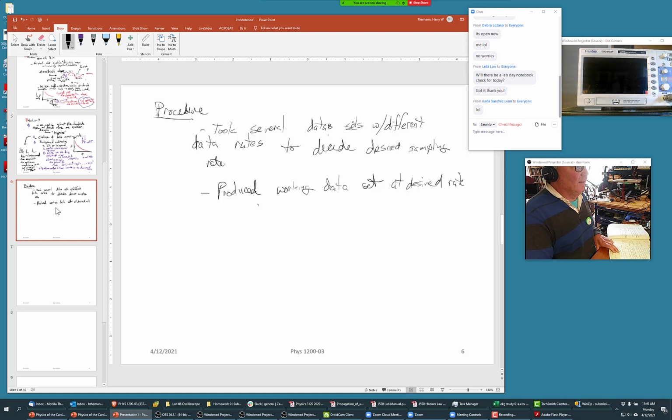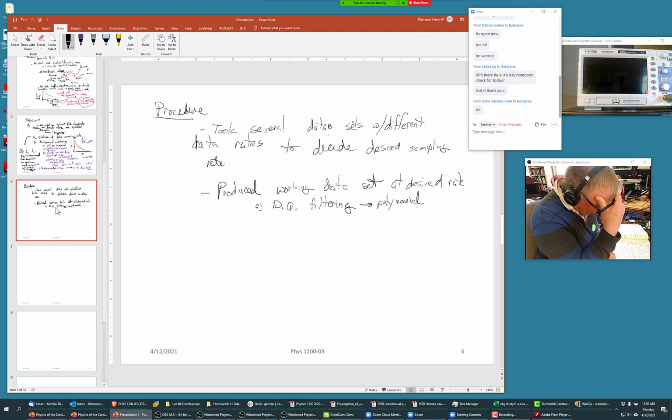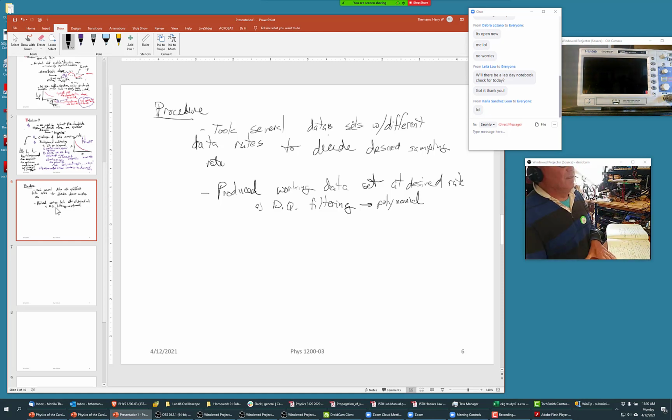And then we did some data quality filtering. This was necessary for the polynomial fit. I don't know if this is the right time to get into it. Yeah, I think so.